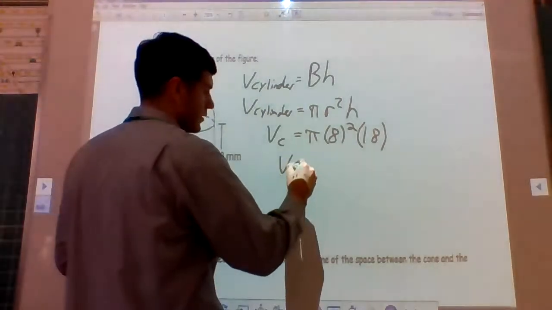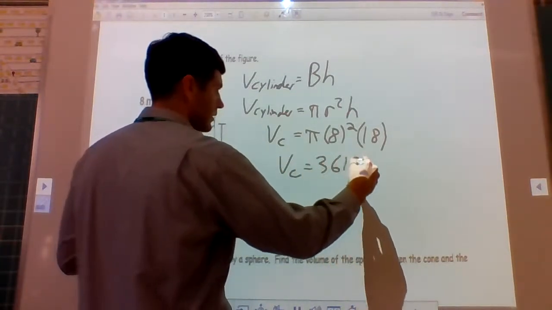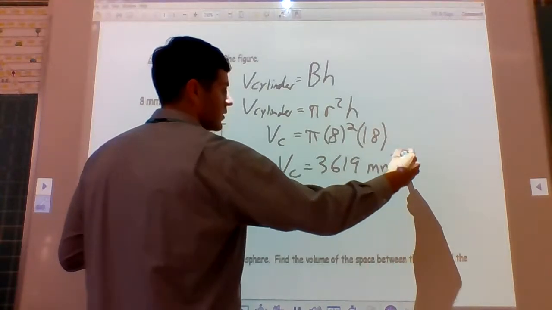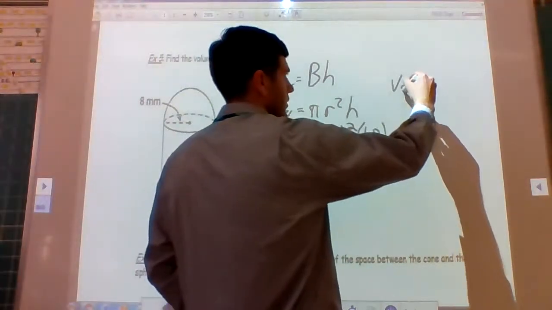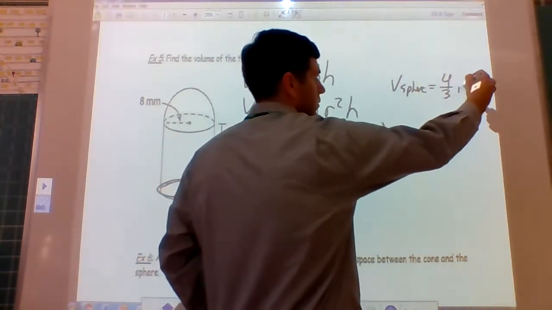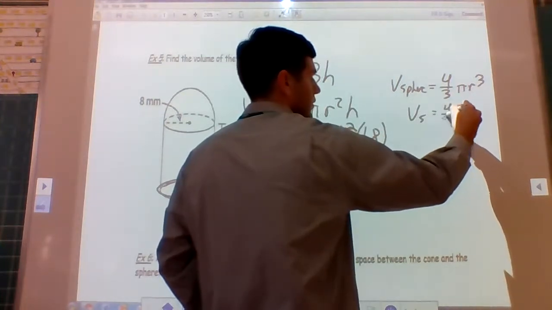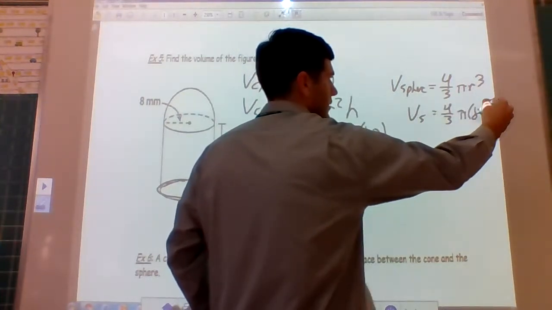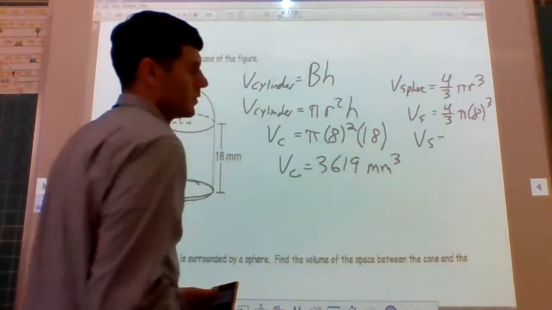3,619. So the volume of the cylinder is 3,619 millimeters cubed. Okay, then let's find the volume of the sphere. It is 4/3 pi r cubed. So the volume for the sphere is 4/3 pi 8 cubed. Okay.